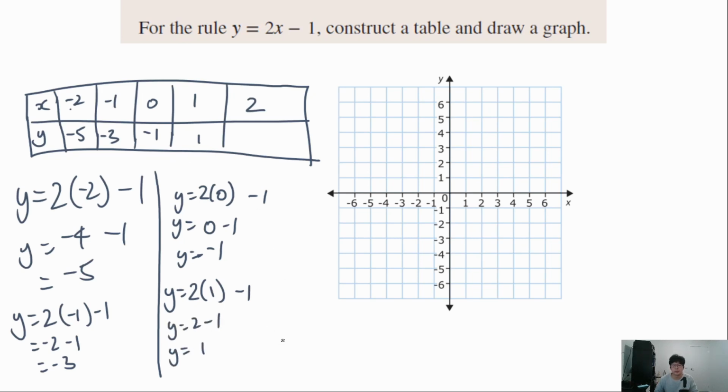And the last point, y equals 2 times 2, minus 1, which is 4 minus 1, and that gives me y equals 3.